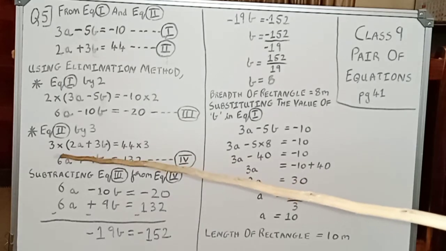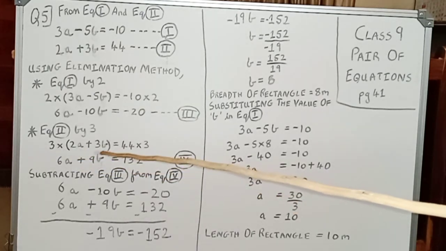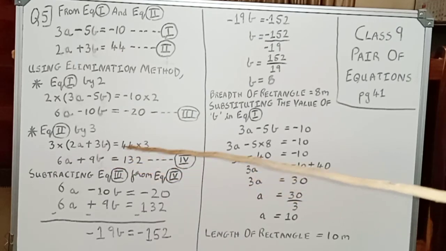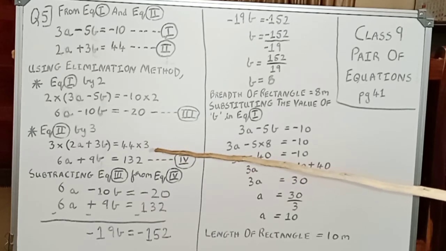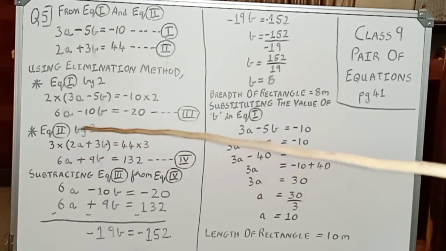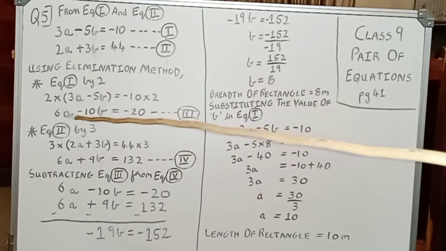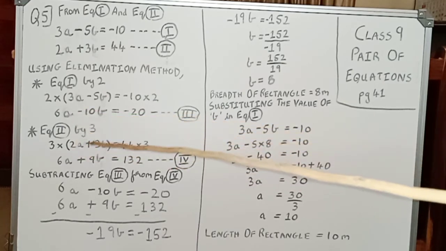So 3 multiplied by 2a, you will get 6a, and 3 multiplied by 3b, you will get 9b. And on the opposite side of the equal to sign, 44 into 3, you will get 132. So you have successfully made these equal terms, 6a and 6a. You can see the first term is made equal.